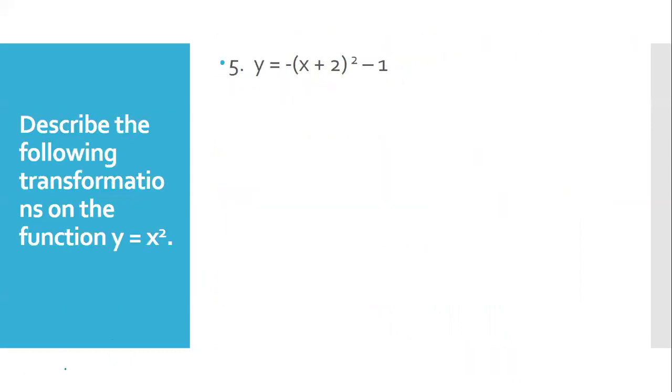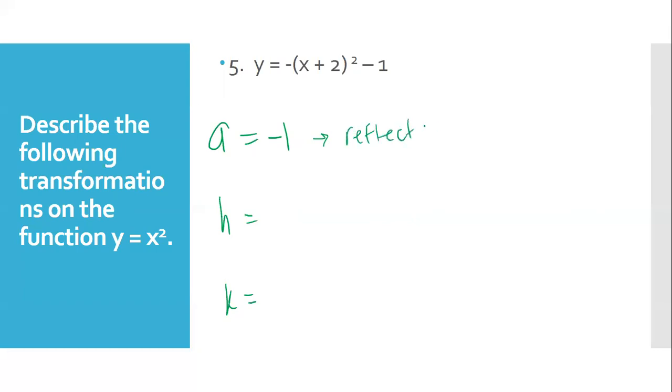All right, so let's see if we're good. So we're going to describe the following transformations on y equals x squared. So in order to describe, you have to be able to identify what's your a, what's your h, and what's your k. So for the first example, what is our a? a is -1. Because a is -1, we know that this is a what? Reflection over the x-axis.